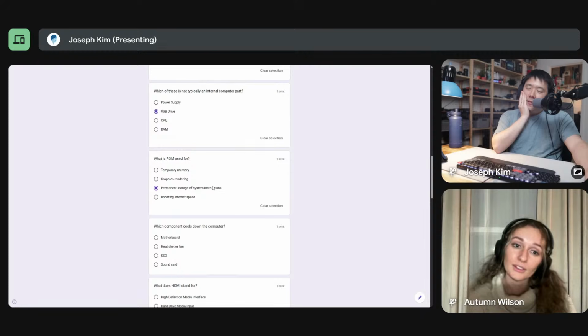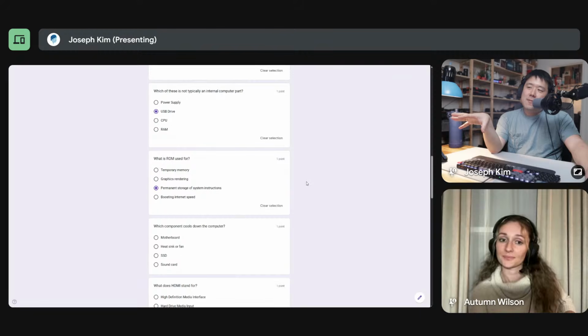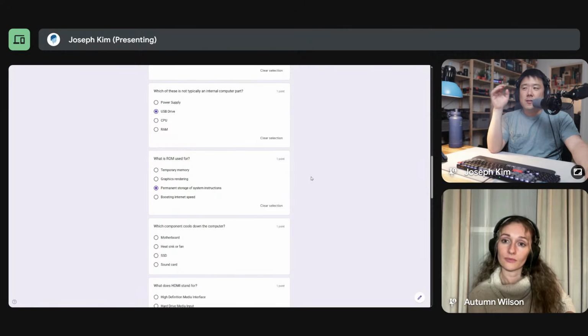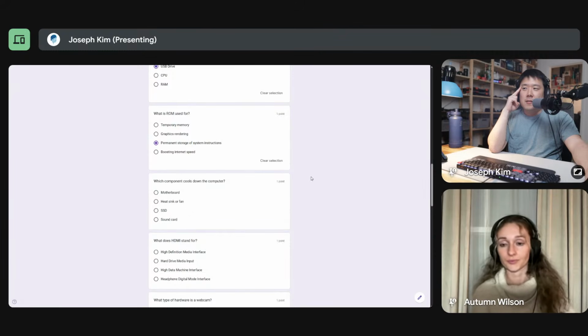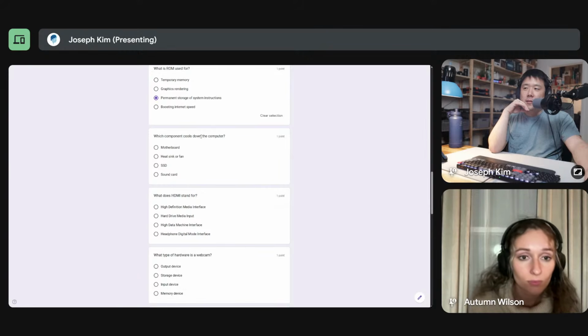I think of CD-ROM, and I'm not 100% sure on this one, but when it says ROM, I keep thinking CD-ROM, but I'm sure it also means some storage device as well. So I'm going to say that's this one. Which component cools down the computer?